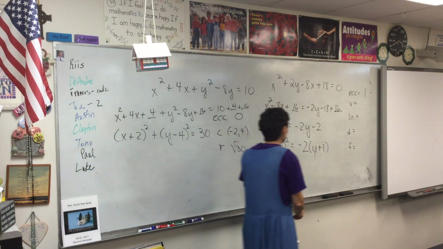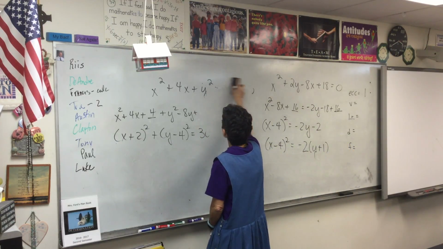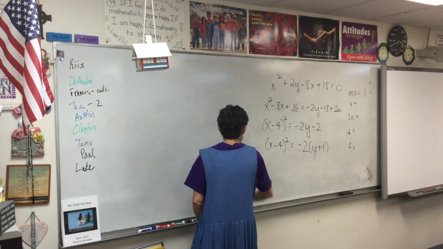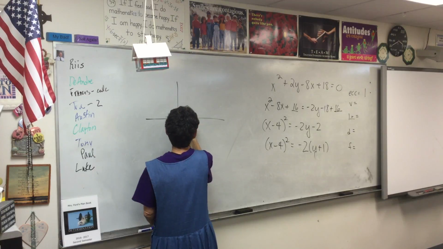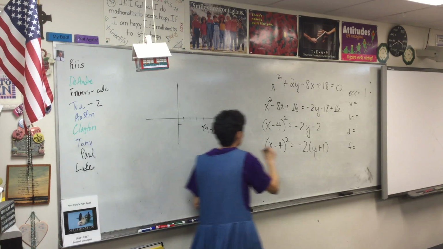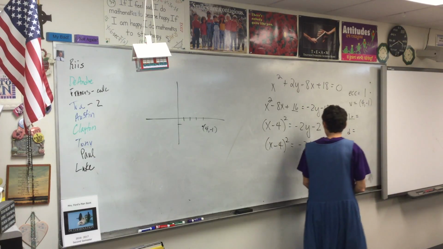Right. What do we know? What can we tell from that? We can tell our vertex is where? 4, negative 1. So remember, no points for the picture. You got to fill in the blank. So 4, negative 1 is my vertex.